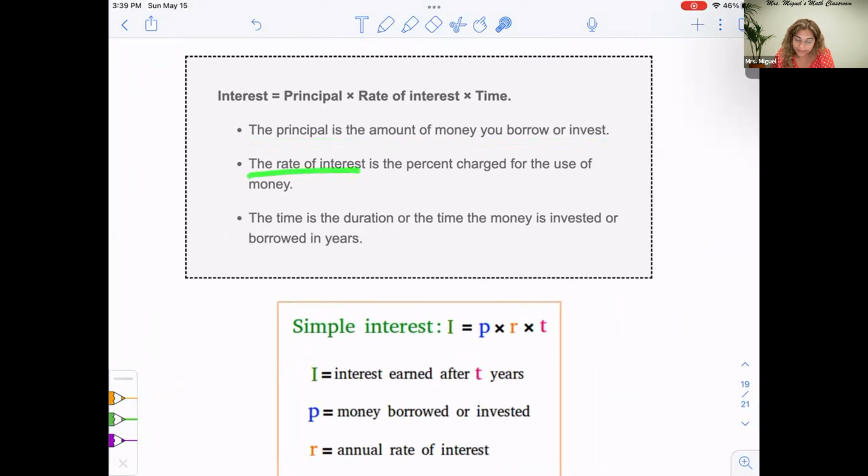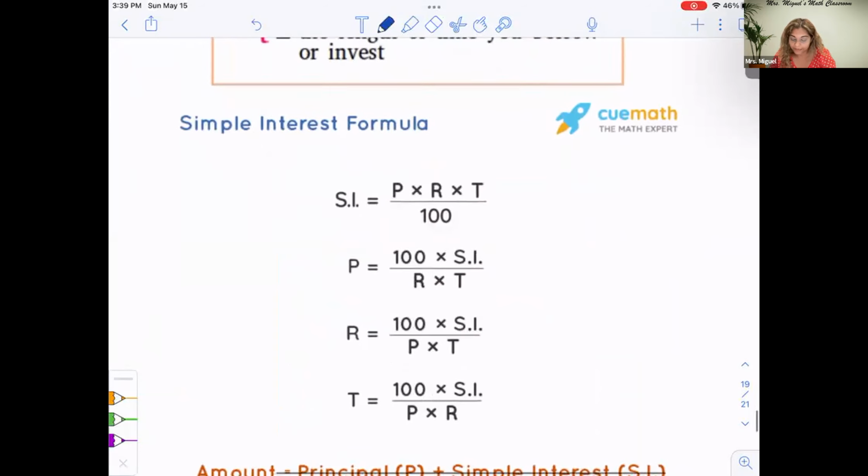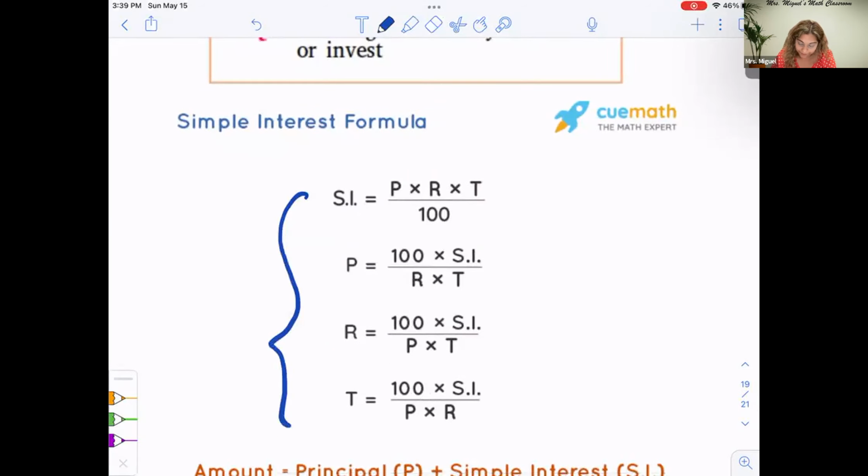The rate is the percent charge for the use of money, and the rate is given as a percentage. And the time is the duration of the money that is invested or borrowed, and the time is given in years. So the simple interest formula, and this is for you to learn. It is not given in your formula sheet, so you have to commit this to memory.